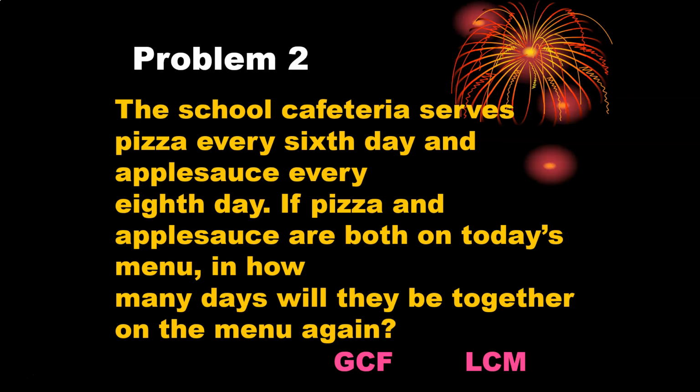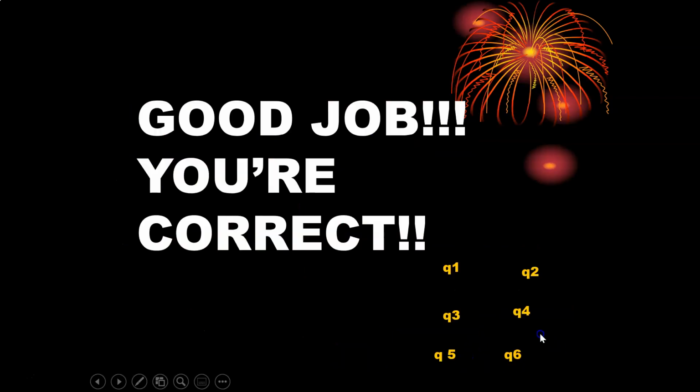If you chose the least common multiple, you would be correct, because once again, this is an event that happens over and over again. Pizza every 6th day. So on the 6th day of the month, pizza on the 12th day, on the 18th, and so on. And then applesauce, we could keep track of that as well. So least common multiple is an event that occurs over and over again.